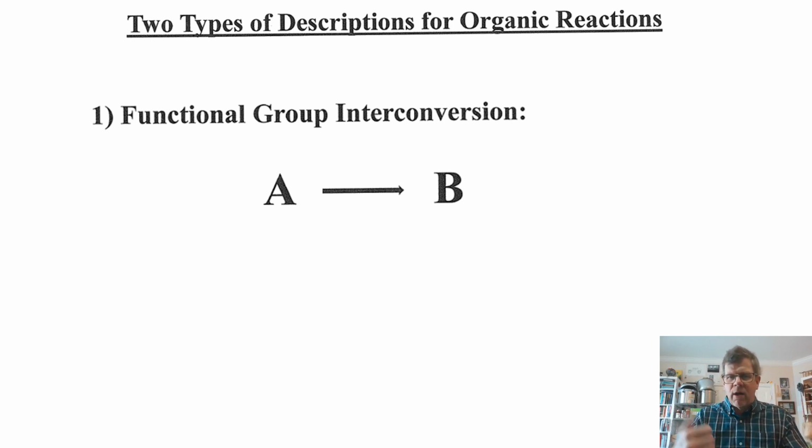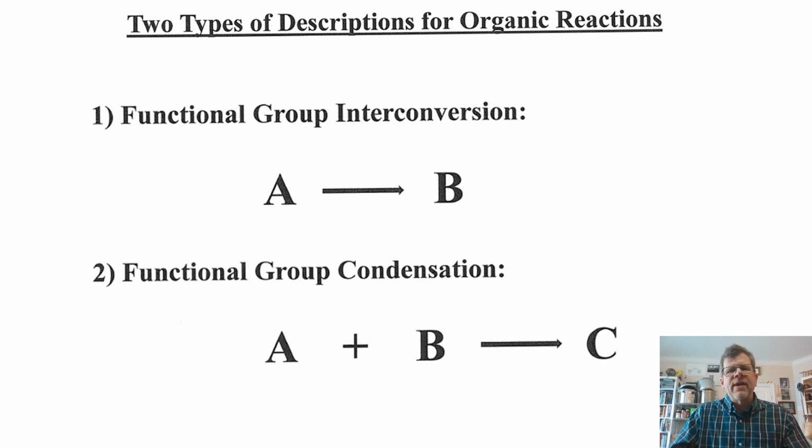Alkene to an alcohol, an alkene to an alkane, an alcohol to a ketone. So we have these functional group interconversions, which up to now has been the only way we have described organic reactions. But we're going to find that there is a second way of describing an organic reaction, and that would be with respect to, rather than a functional group interconversion, a functional group condensation, in which two separate functional groups condense together.